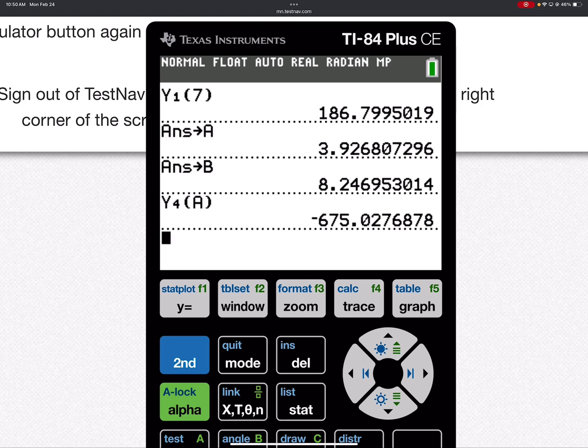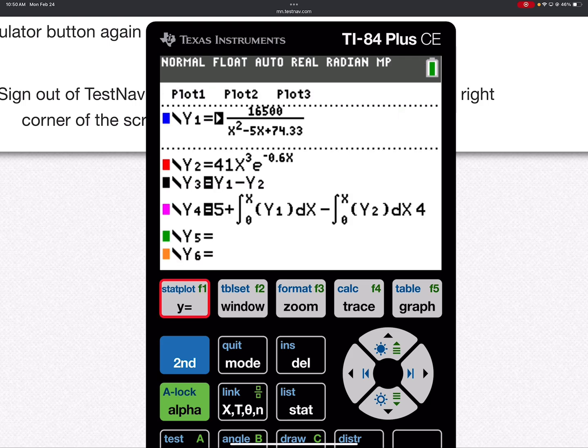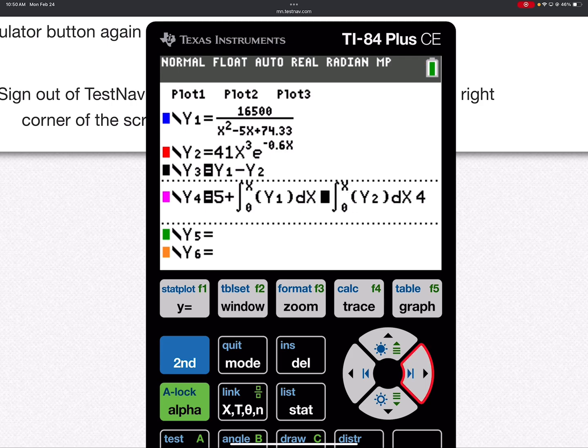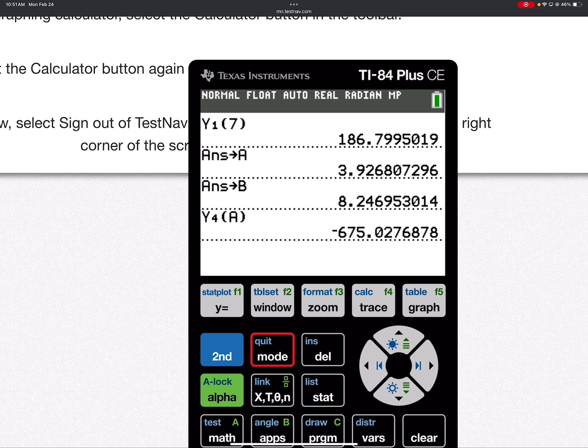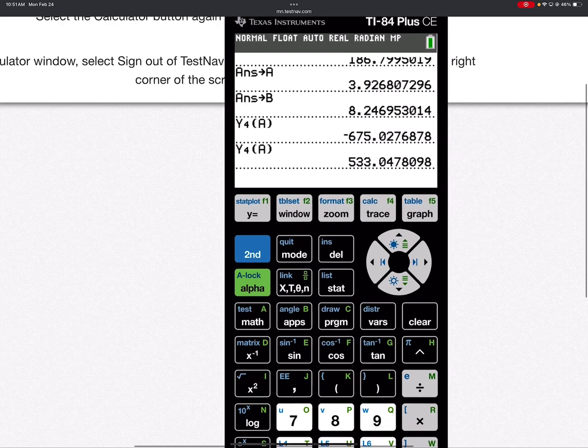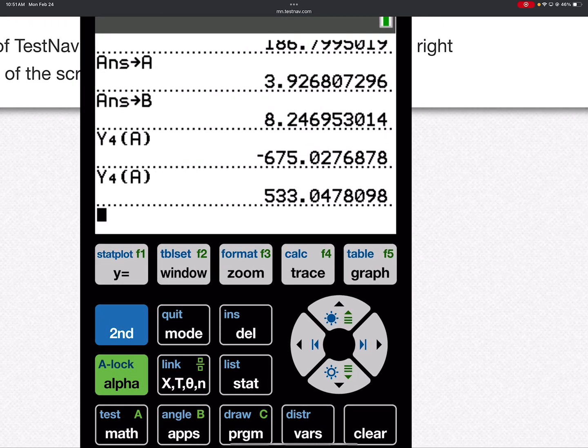Whoa. You guys didn't get that? Oh, you know why? Look what I typed at the end. Let's try it again. Is that better? Yeah. So 533.048.